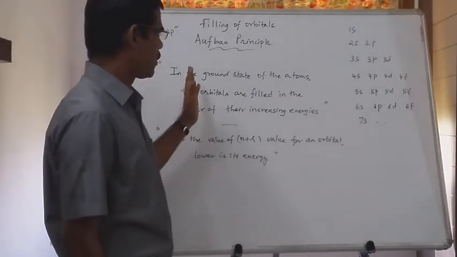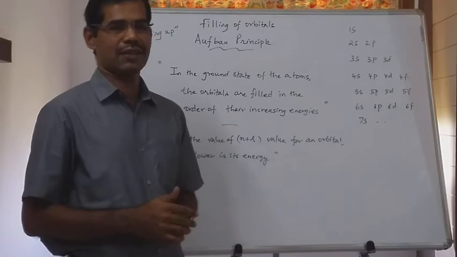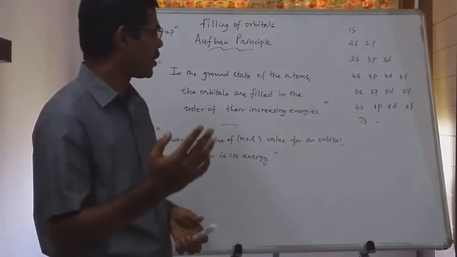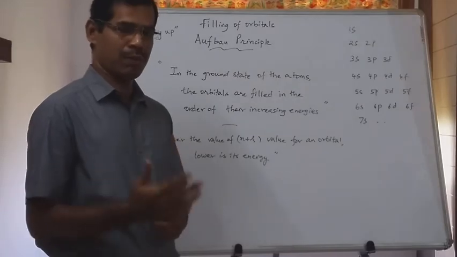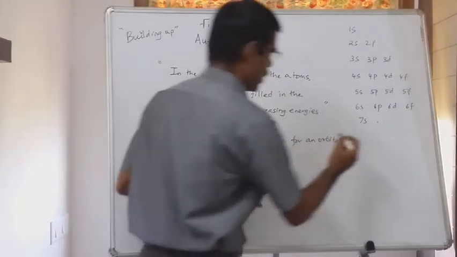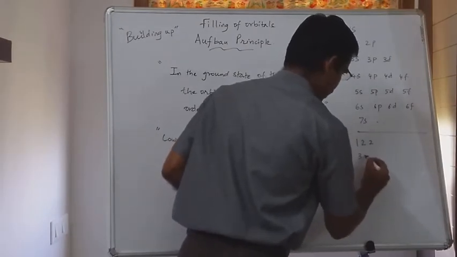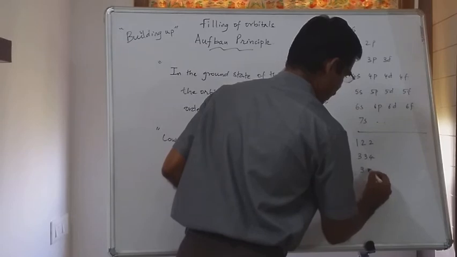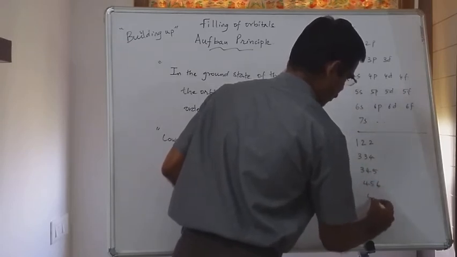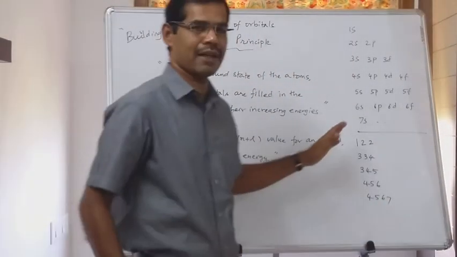Now let us come back to the concept of the Aufbau principle. Let us first learn the order of the energies, that is, which orbital has less energy and which orbital has more energy. To remember that, I will give you a small hint. Remember these numbers: 1, 2, 2, 3, 3, 4, 3, 4, 5, 4, 5, 6, 4, 5, 6, 7. You have to remember it like a phone number.